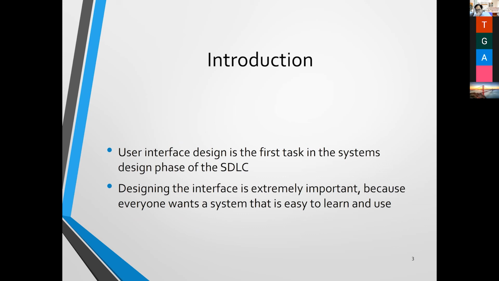In the past, when we didn't have effective interface design, the system analysts had to heavily focus on the user's manual, and if the user's manual is not effective, users don't understand how to use the system correctly.